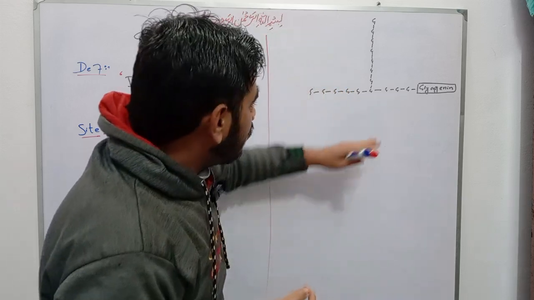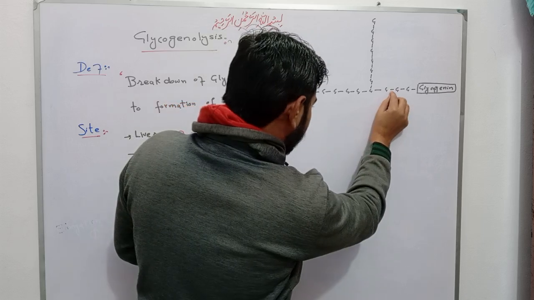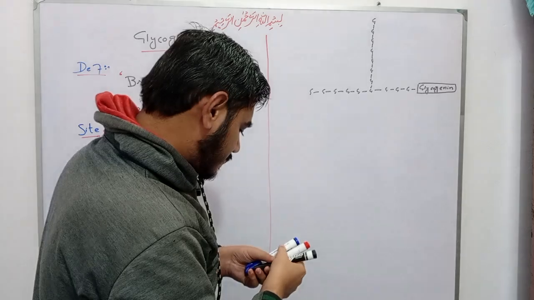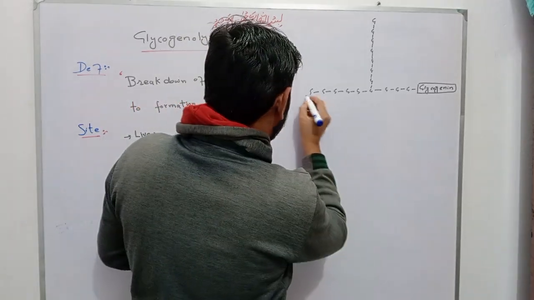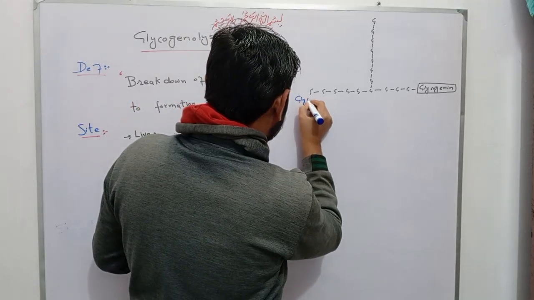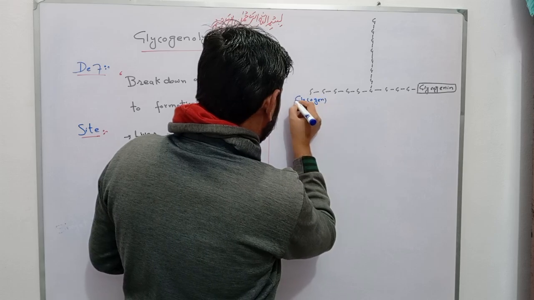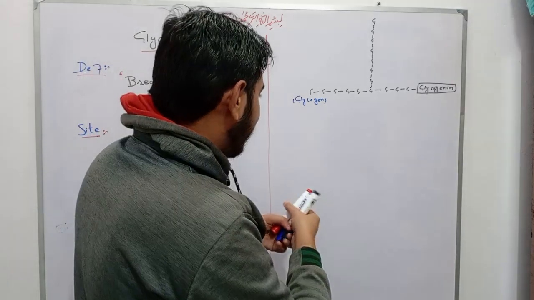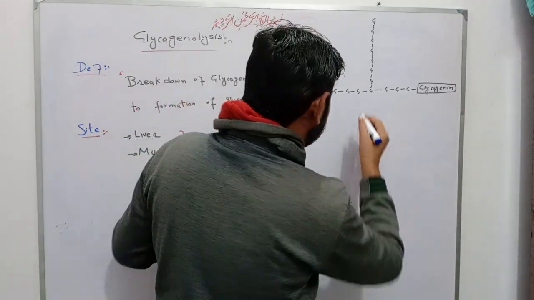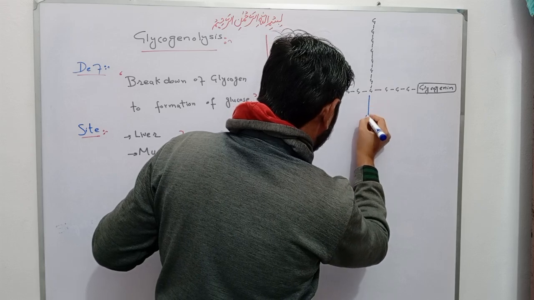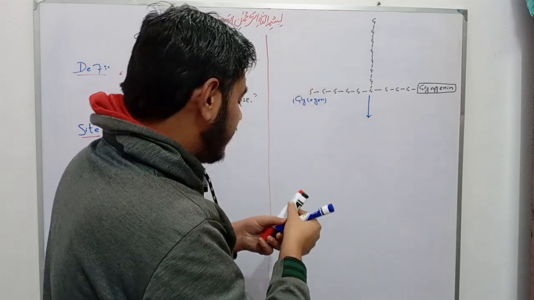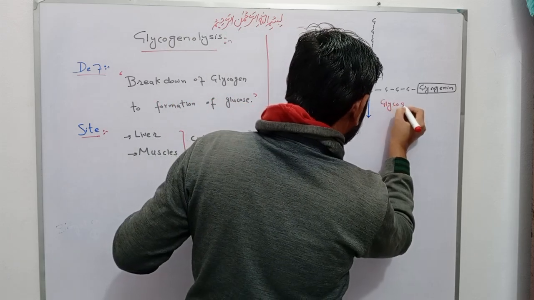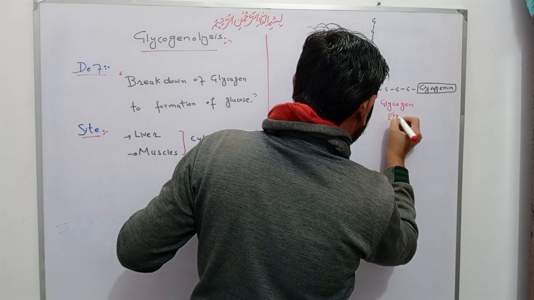So this is the glycogen molecule. Here is the alpha 1,4 glycosidic bond, and this is the alpha 1,6 glycosidic bond. Now here, one of the most important enzymes that acts is the glycogen phosphorylase enzyme.